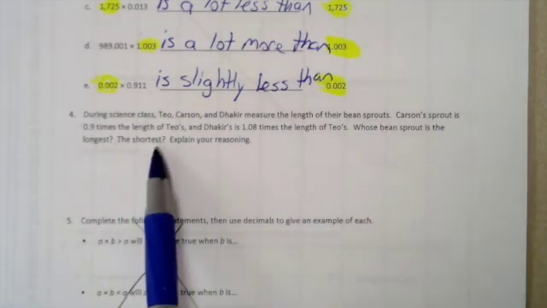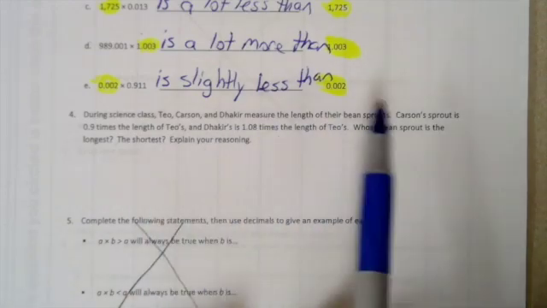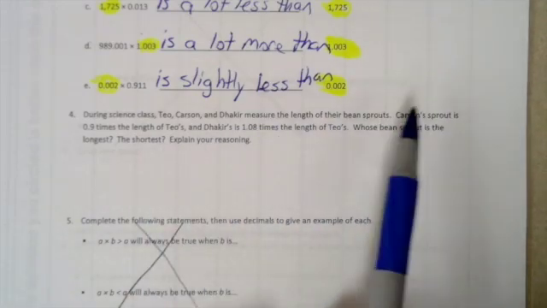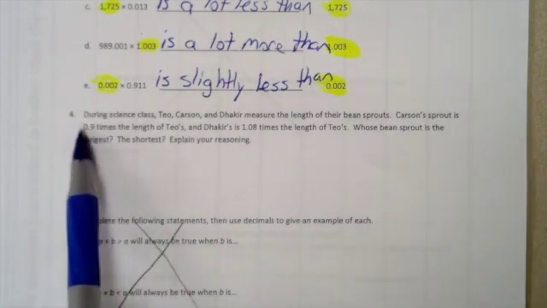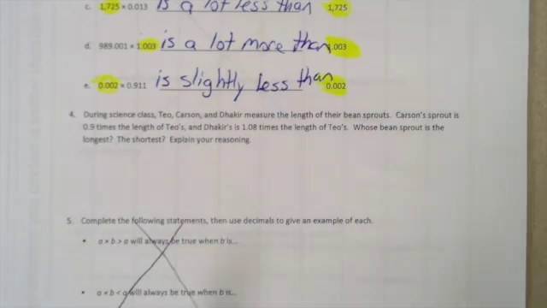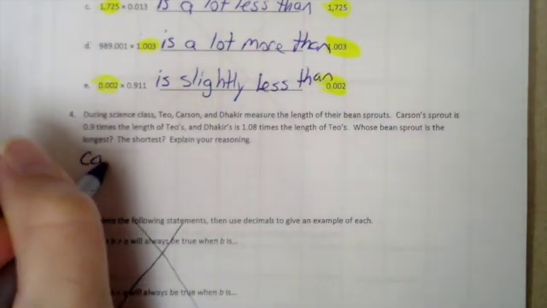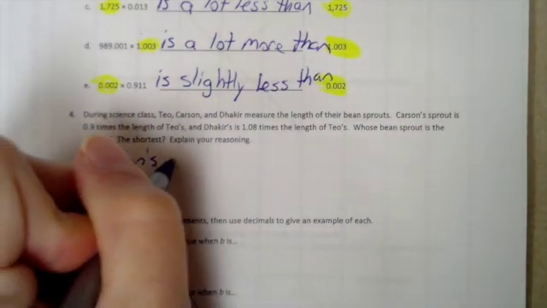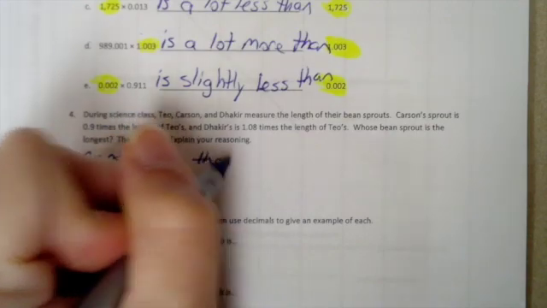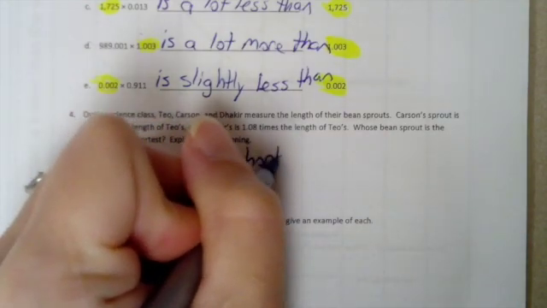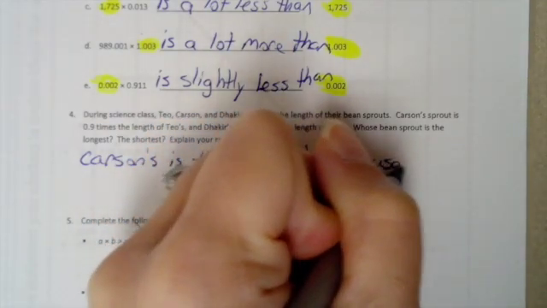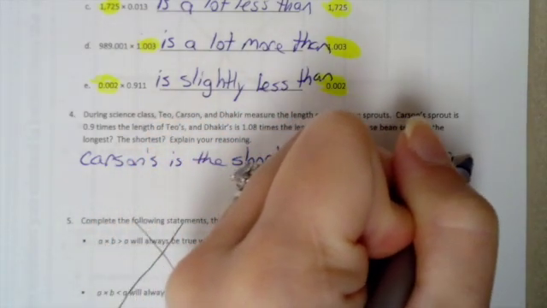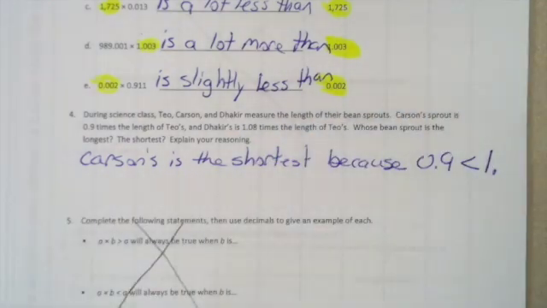The shortest is, do you know? The shortest is Carson's. Carson's is the shortest because his scaling factor is less than 1 of Tio's. So Carson's is the shortest because 9/10 is less than 1.